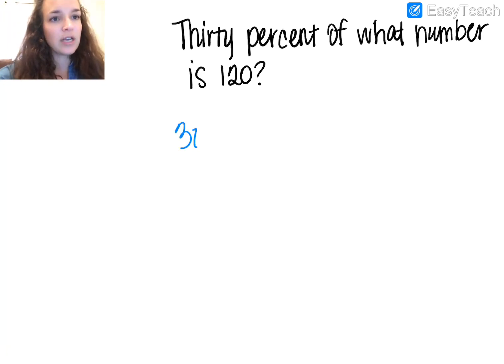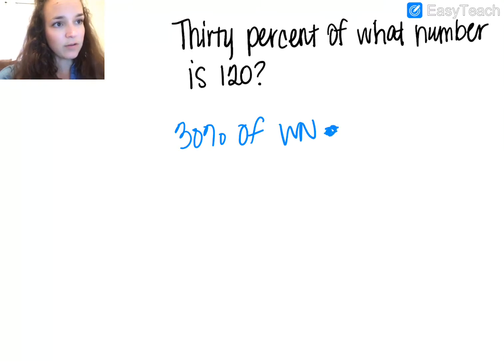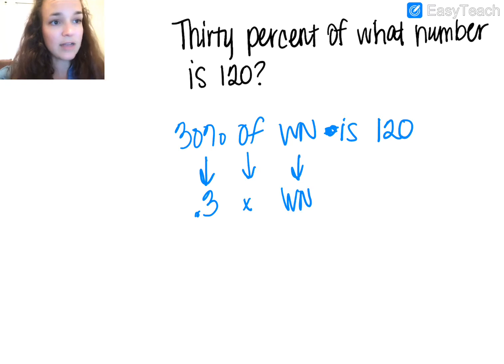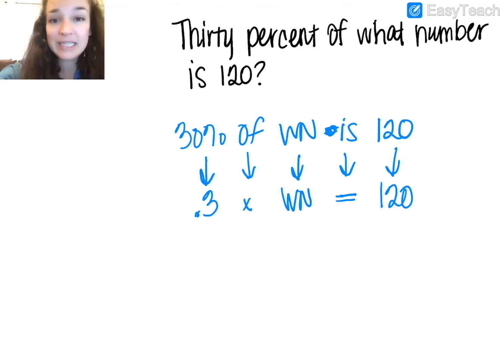So 30% of what number, we don't know yet, is, remember, let me write the word first, is 120.